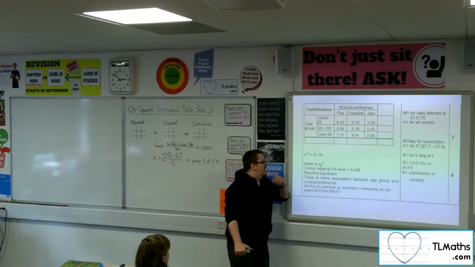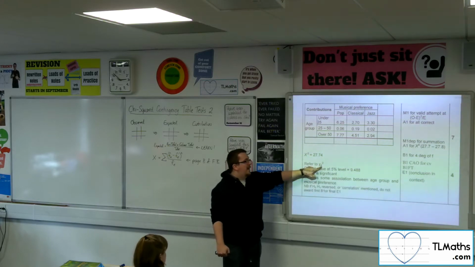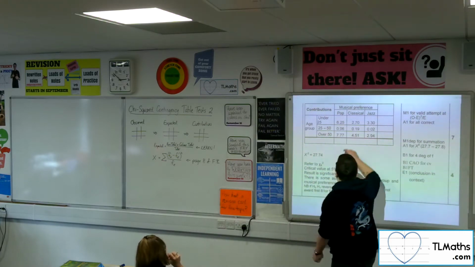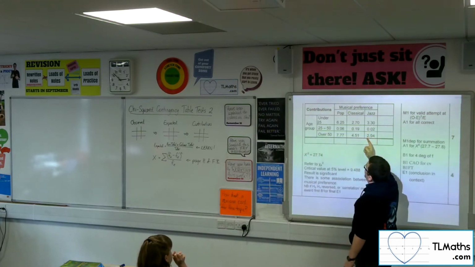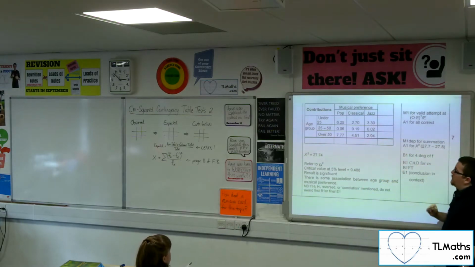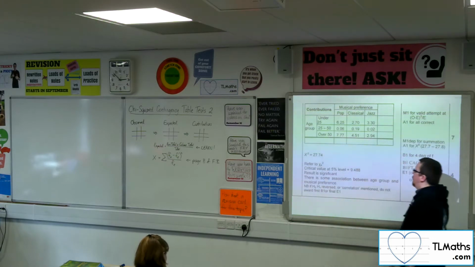You then need to get your critical value. I would make sure that you've written down the degrees of freedom at some point as 4. Remember, the degrees of freedom is subtracting 1 from the number of columns and subtracting 1 from the number of rows and multiplying those two numbers together. So that leaves you with 2 by 2, which makes the 4.